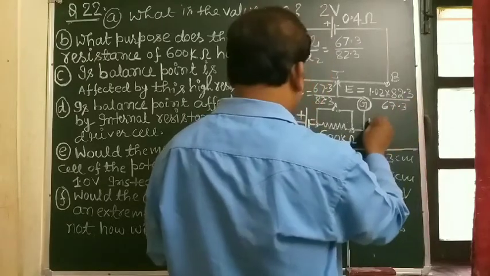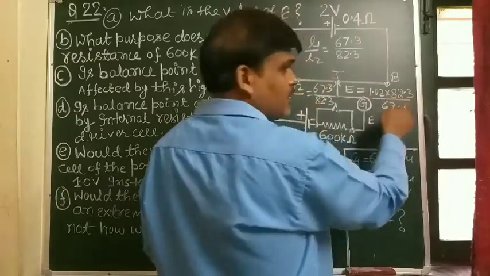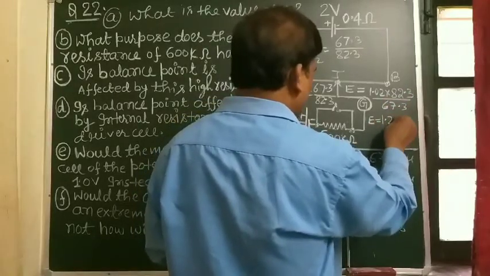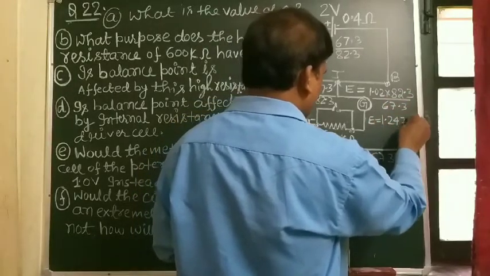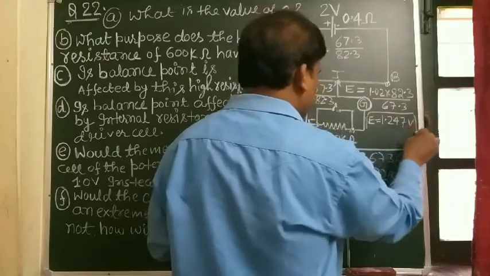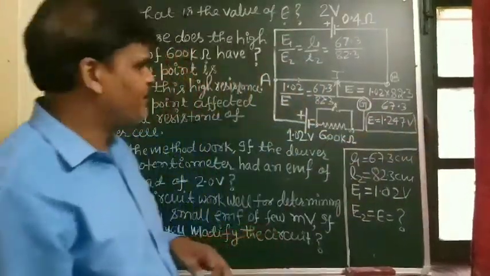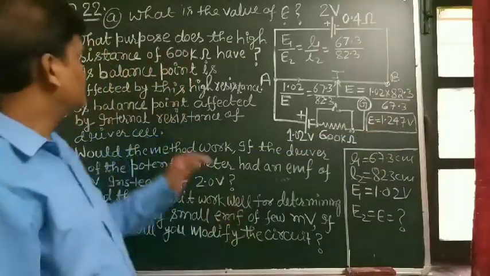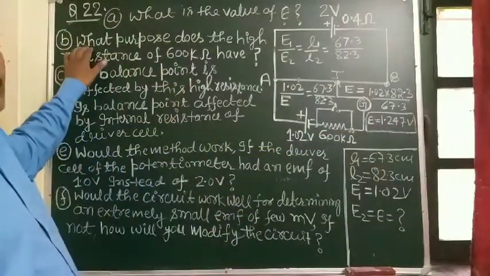After solving, it comes out to be 1.247 volt, and this is the EMF of the second cell.